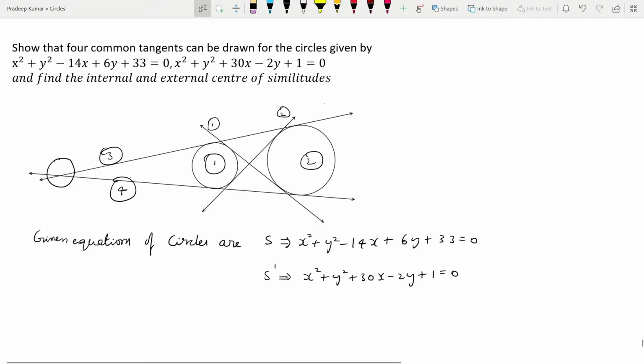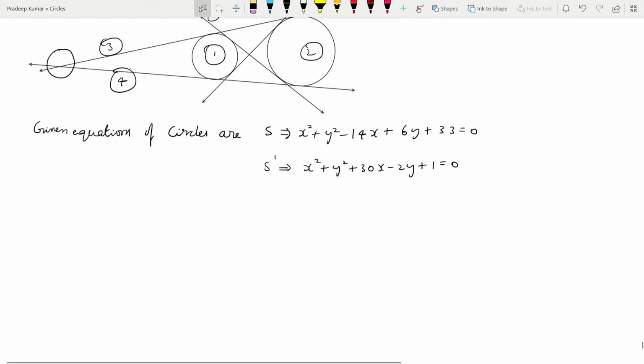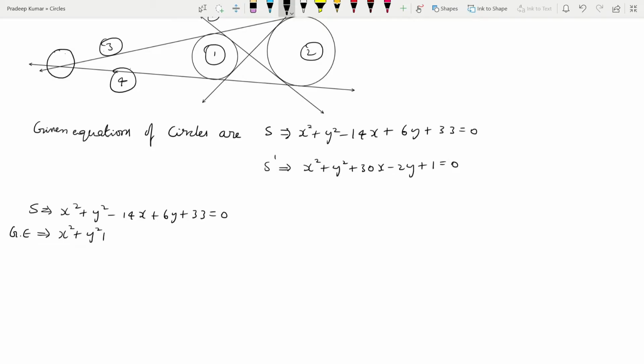For these given two circles, we'll find out the radius and also the center. I'll take the first circle, that is S: x square plus y square minus 14x plus 6y plus 33 equal to 0. This equation I'll equate with the general equation of the circle, x square plus y square plus 2gx plus 2fy plus c equal to 0.